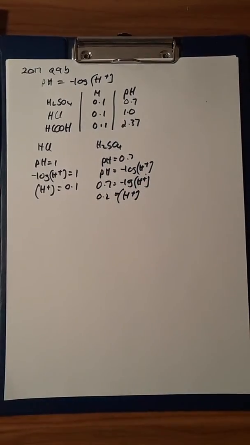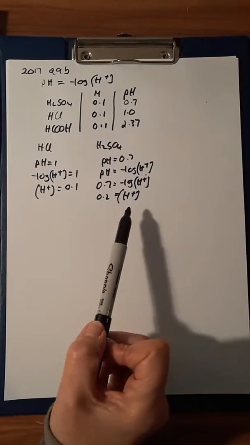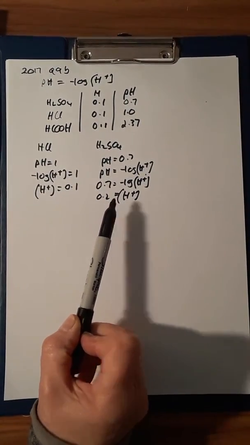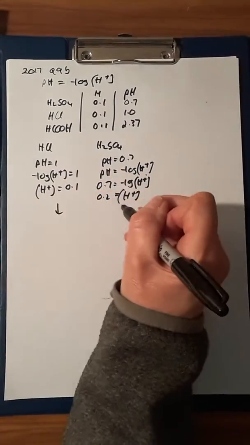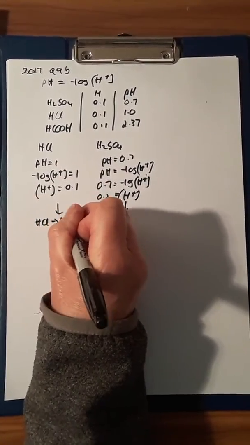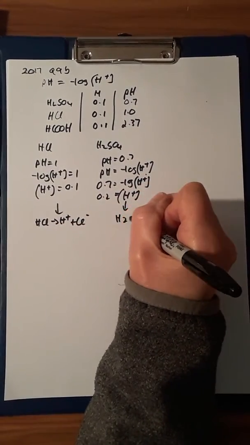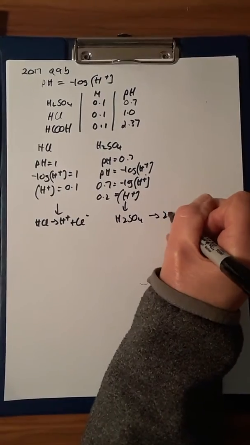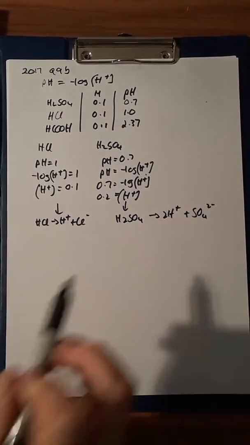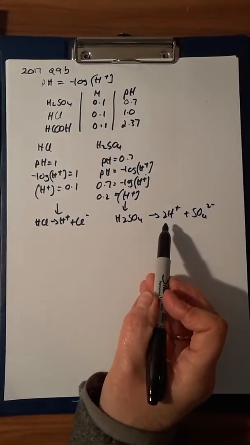Okay, account for the differences. They're both a 0.1 molar concentration. Why is it that the hydrogen ion concentration in the sulfuric acid is 0.2? That's because if you look at this dissociation, HCl dissociates into H plus and Cl minus. This one dissociates into 2 H pluses and an SO4 2 minus. So the H2SO4 has twice the number of H plus ions.